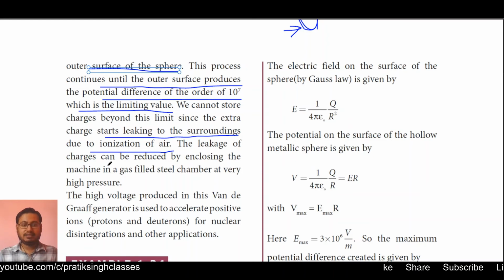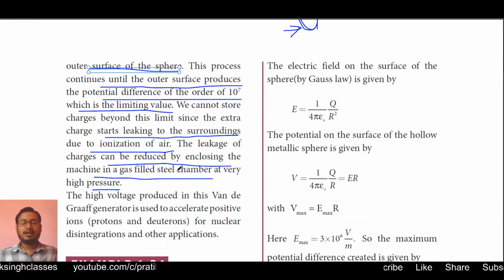The leakage of charge can be reduced by enclosing the machine in a glass-filled steel chamber at very high pressure. So the total mechanism is sealed in a glass-filled steel chamber in such a way that the extra charge retained by the spherical dome should not go outside by leakage.